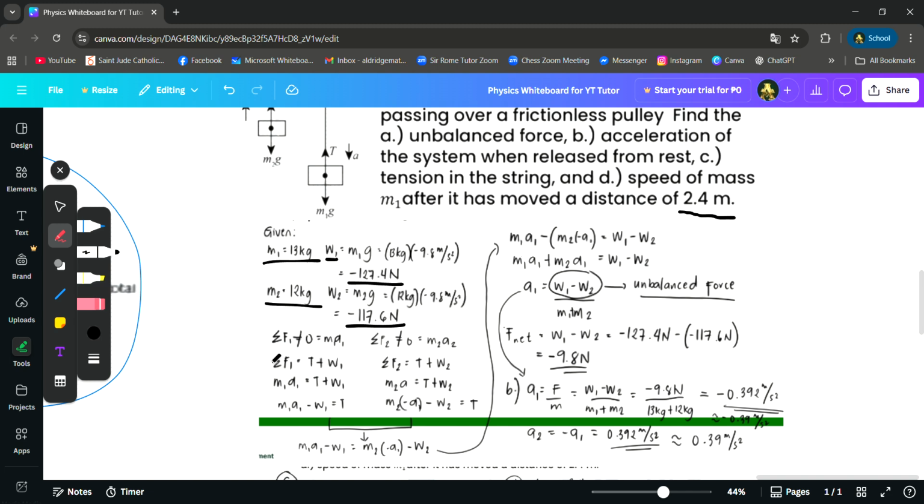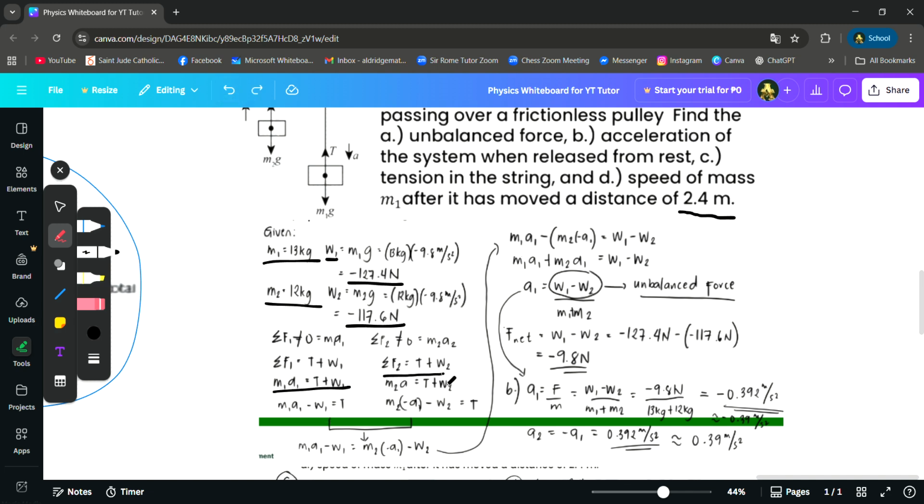Force 1 equals mass 1 times acceleration 1, which also equals tension plus weight 1. So we equate the two and then isolate T, so it becomes negative because of the transfer.